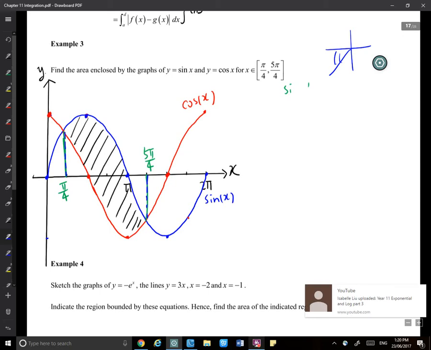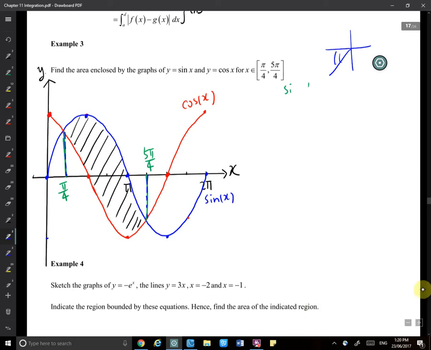What you need to think about is which one is higher. In this case, the sine graph is above the cosine graph. From pi over 4 to 5 pi over 4, the sine x will subtract the cosine x, dx.